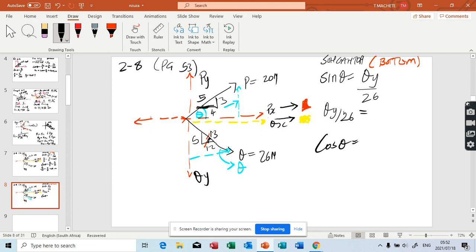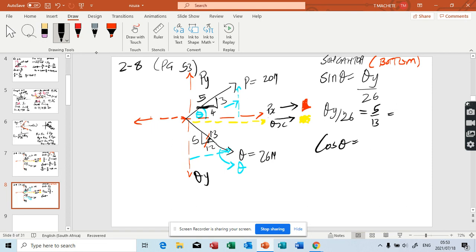So QY over 26 equals 5 over 13. Then QY will be, you should get 10, I think.